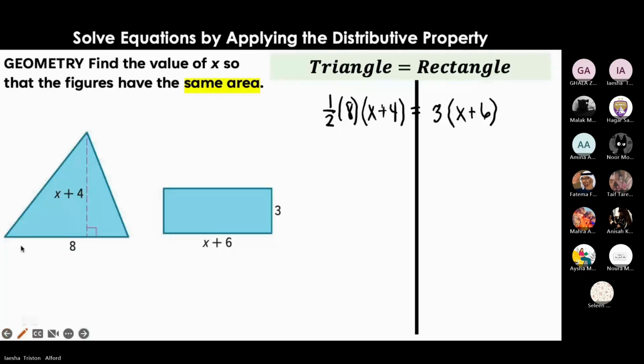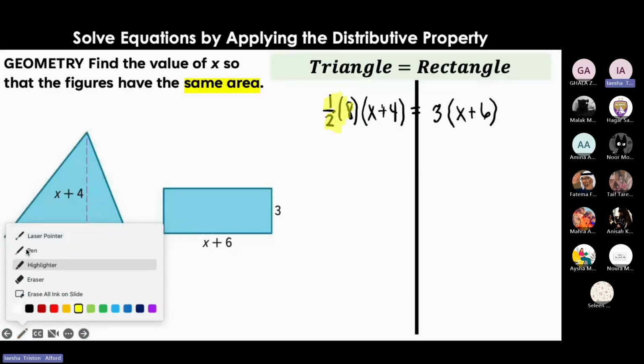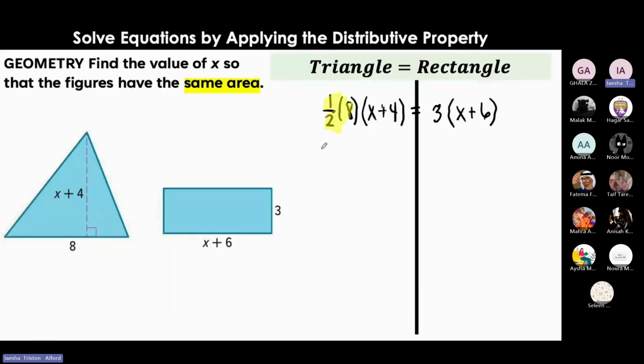Remember, we have to do this one first. Multiply. What's 1/2 multiplied by 8? 4. So then you put +4. The parentheses, you keep it down. The equal sign down.